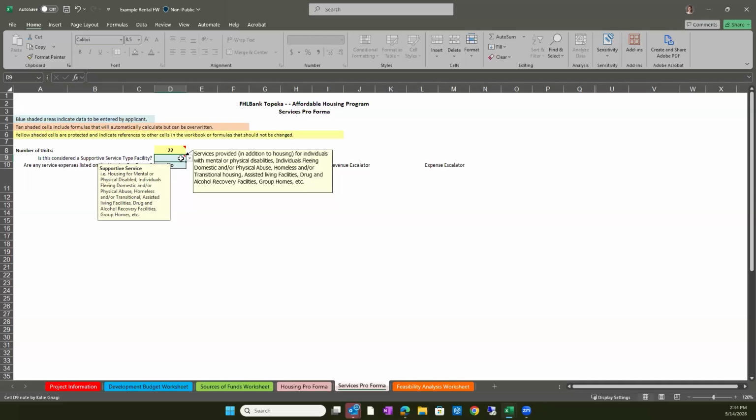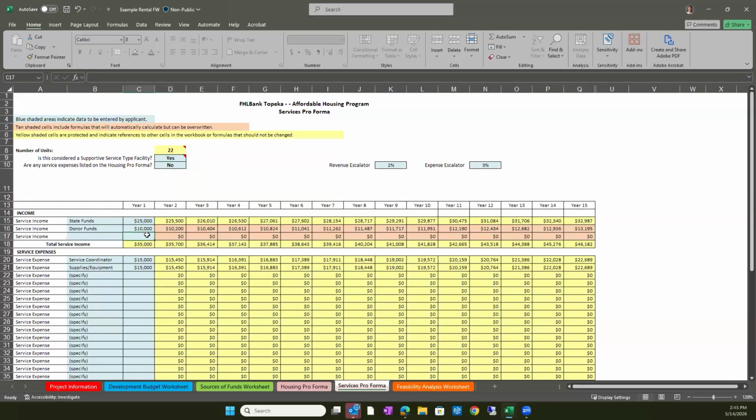Supportive services are going to be those non-housing related services like medical services, mental behavioral health services. This could include case management services, things of that form. So if you do have supportive services and will be incurring expenses to provide those services, you'll want to make sure that you're answering yes at the top, and then it's going to ask you to fill out a pro forma regarding your income and expenses for those services.